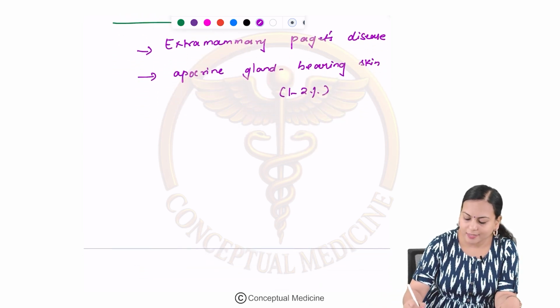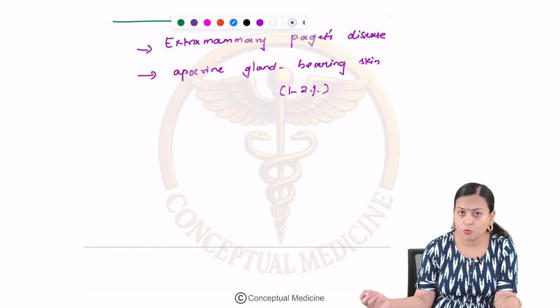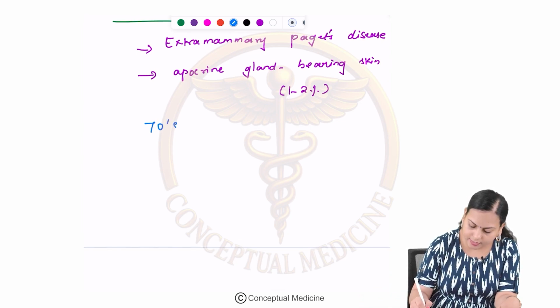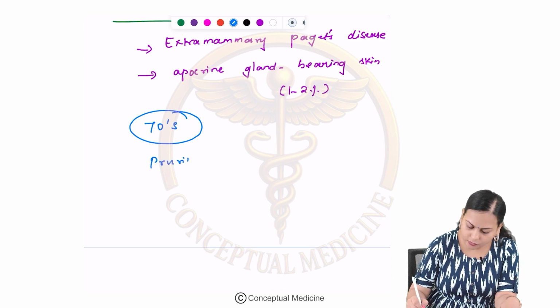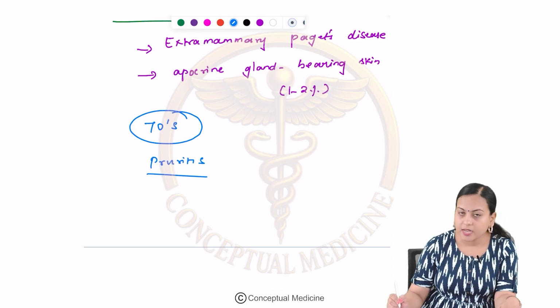Okay, and this is mostly seen in older women who are in their 7th decade of life, and pruritus is the most common presenting symptom.